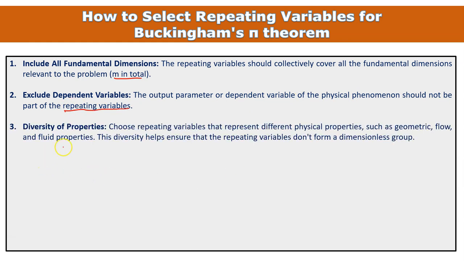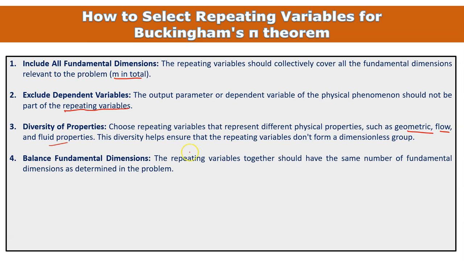Point number 3, diversity of properties. Choose repeating variables that represent different physical properties such as geometric, flow properties and fluid properties. This diversity helps ensure that the repeating variables don't form a dimensionless group. Meaning in the repeating variables, one variable must be geometric, another flow, another fluid properties.